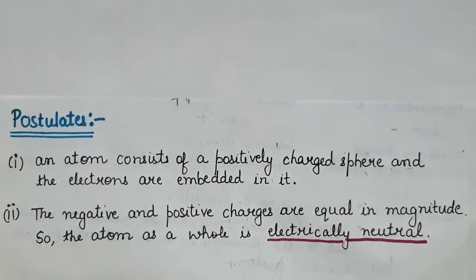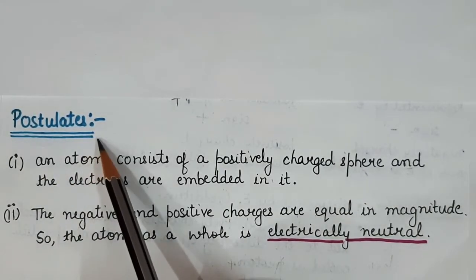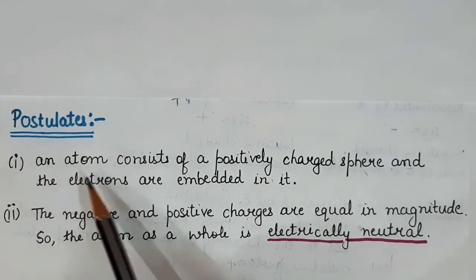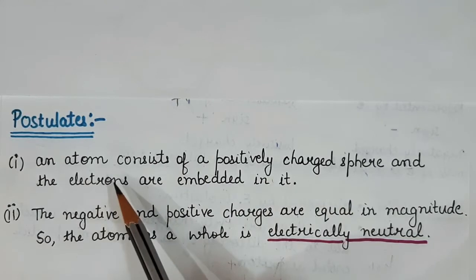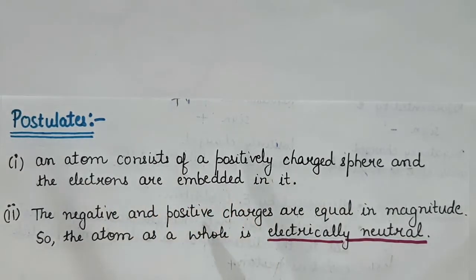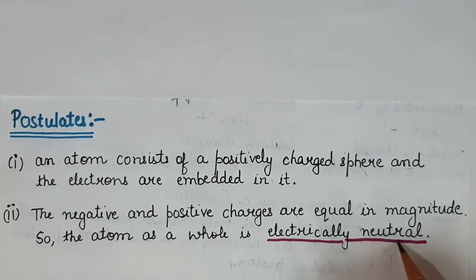So, the postulates of Thomson's model are, number 1, an atom consists of a positively charged sphere and the electrons are embedded in it. Number 2, the negative and the positive charges, they are equal in magnitude. So, as a result, the atom as a whole is electrically neutral. So this was about Thomson's atomic model.